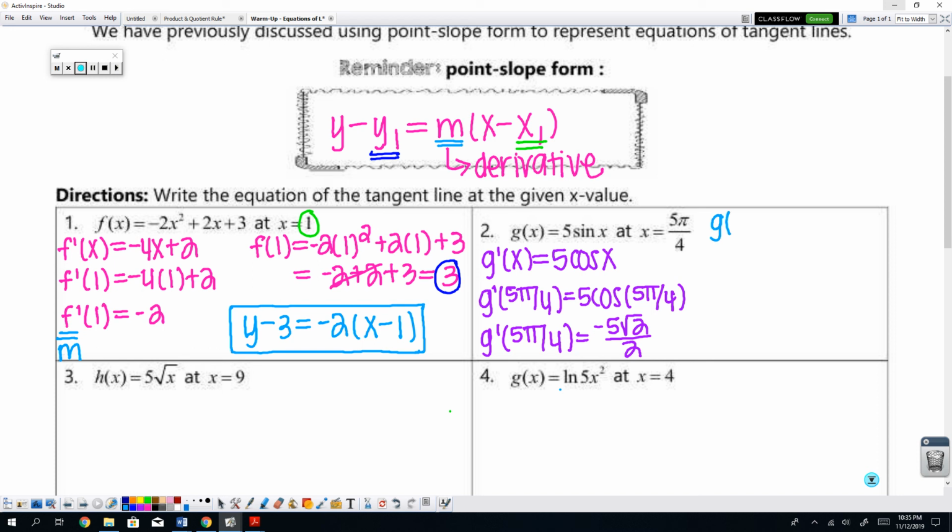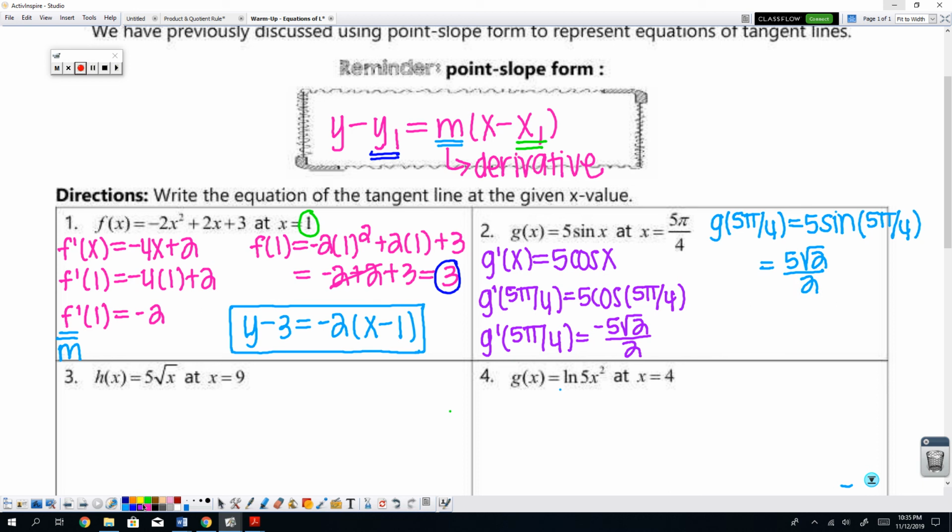So g of 5 pi over 4 means take 5 sine x and plug it in: 5 sine 5 pi over 4. The sine of 5 pi over 4 is root 2 over 2, positive. So that would be 5 root 2 over 2. And that's our y value.